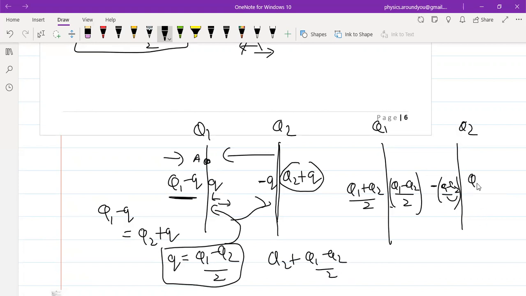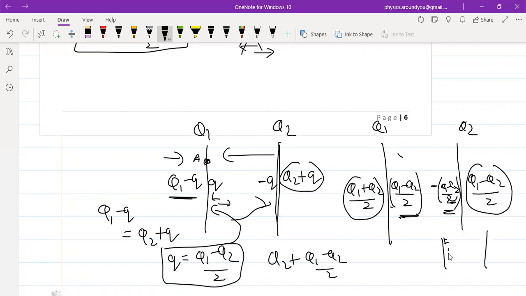Hence, here it should be Q1 plus Q2 by 2. On the outer surfaces, you have these charges. But remember, inner surfaces, you have Q1 minus Q2 by 2 and minus of Q1 minus Q2 by 2. This charge is exactly what we have to consider the inner one for the capacitor.